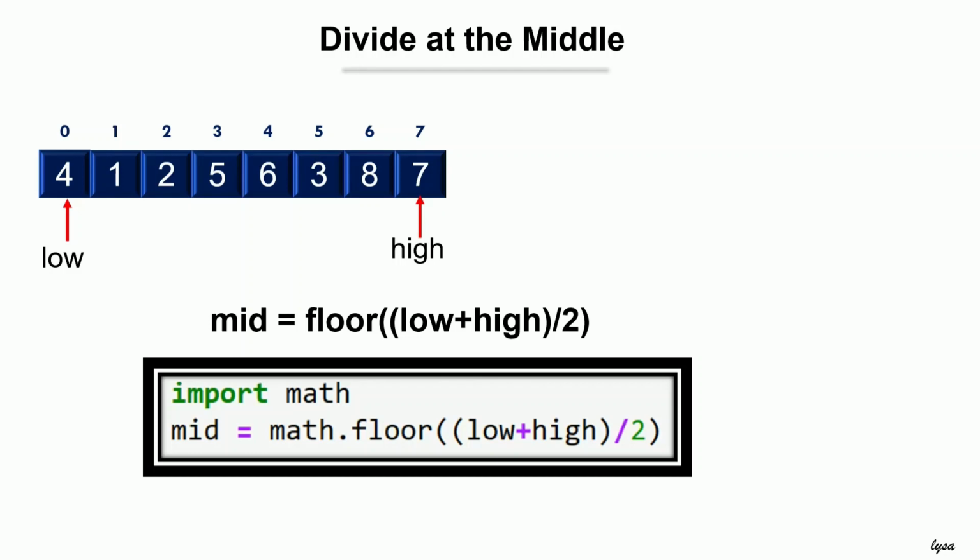The indices start from 0 to 7, and so the mid value, mid is equal to floor of (low plus high) by 2, has to be implemented in Python. So we import math and write math.floor with the formula. We find the mid value using math.floor and we get the answer as 3. So the mid value is now 3 because low is 0 and high is at 7.